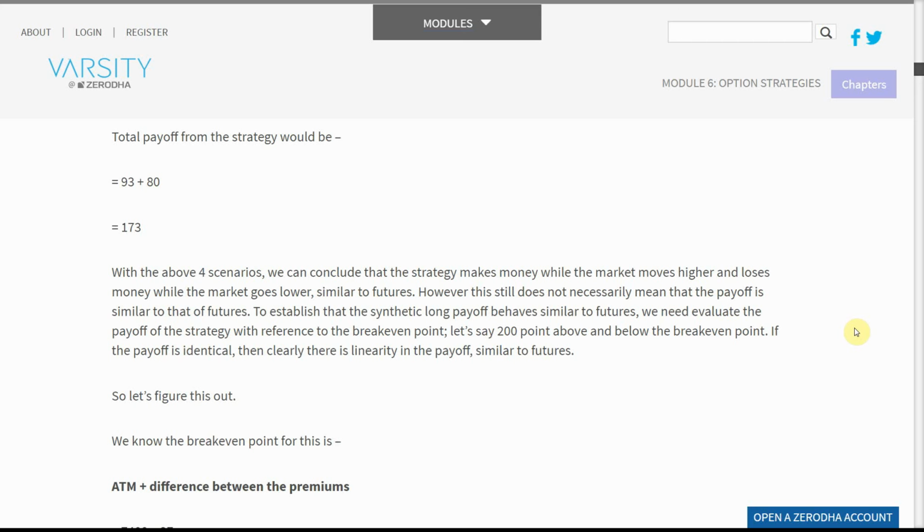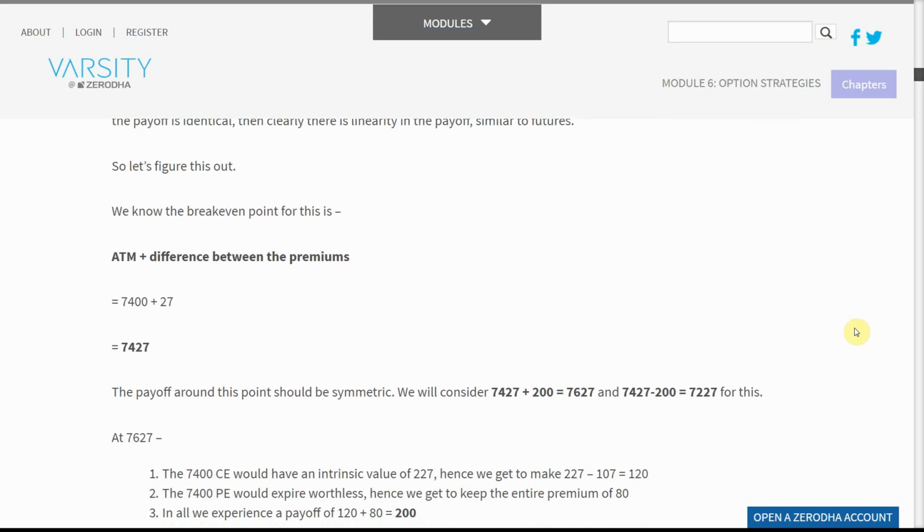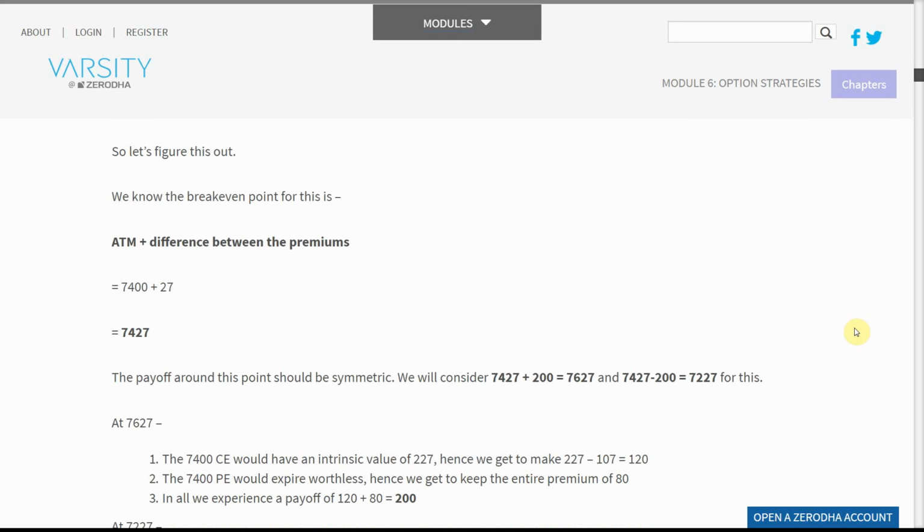Let's say 200 points above and below the break-even point. If the payoff is identical, then clearly there is linearity in the payoff, similar to futures. So let's figure this out. We know the break-even point for this is ATM plus difference between the premiums, equals 7,400 plus 27 equals 7,427.